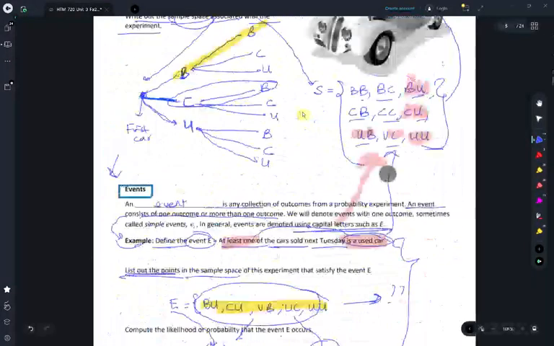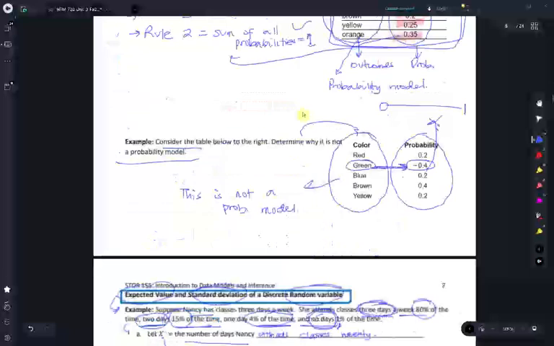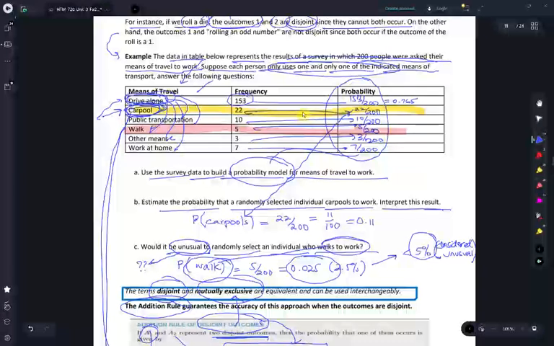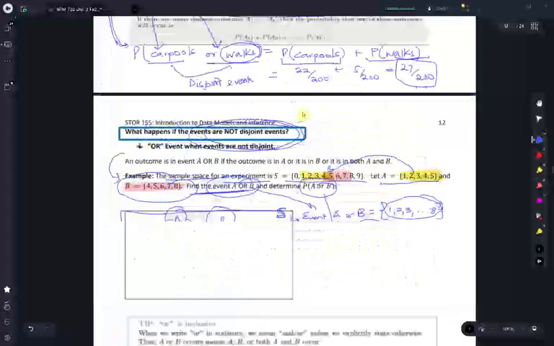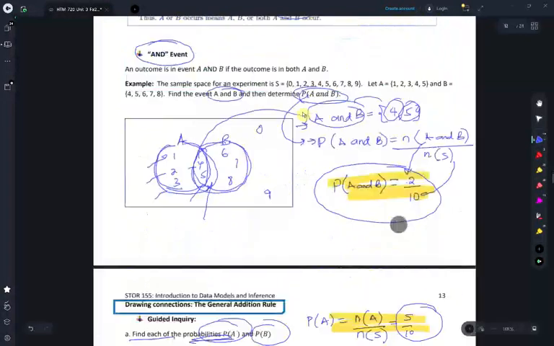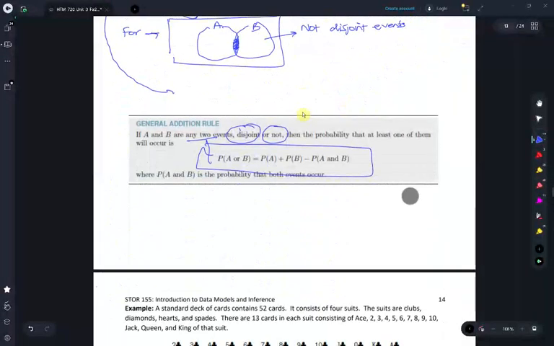So the probability of two mutually exclusive events being associated with "and" is definitely 0. So in this case, if you have disjoint events, this probability is 0, in which case it just reduces back to the old formula for disjoint events.